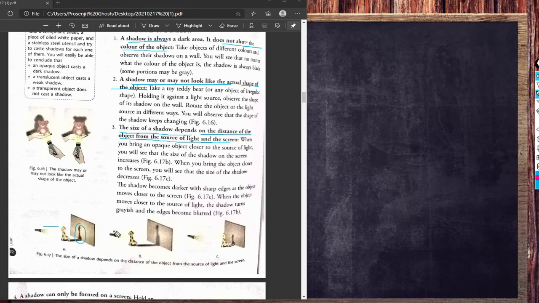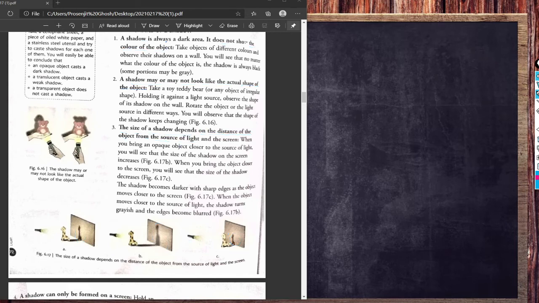But if you take the light too close to the object, the shadow will fade out. Finally, if you take the light far from the object, the shadow will get smaller. So by changing the position of the light source, we can change the quality of the shadow. Okay, so that is all about shadow.